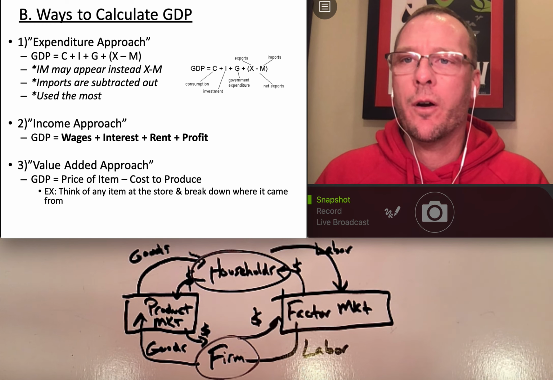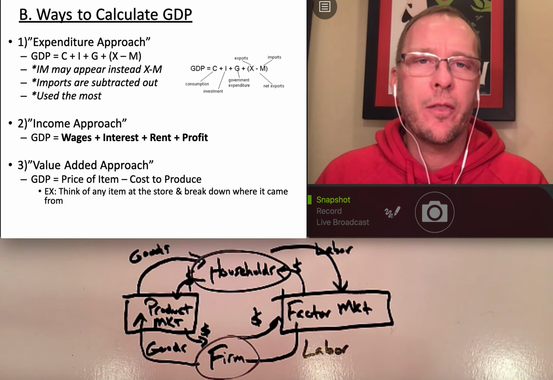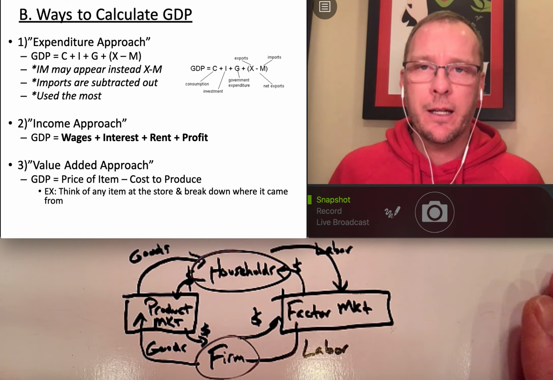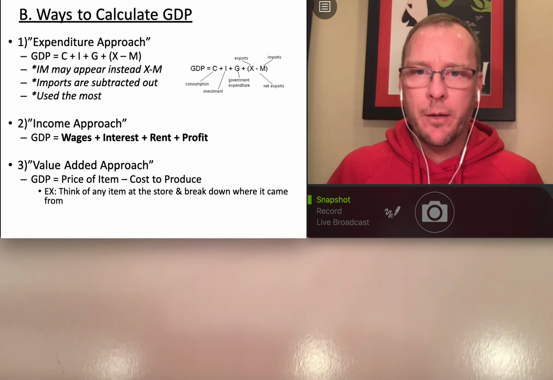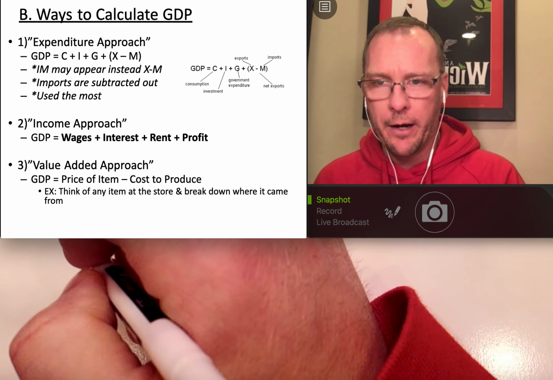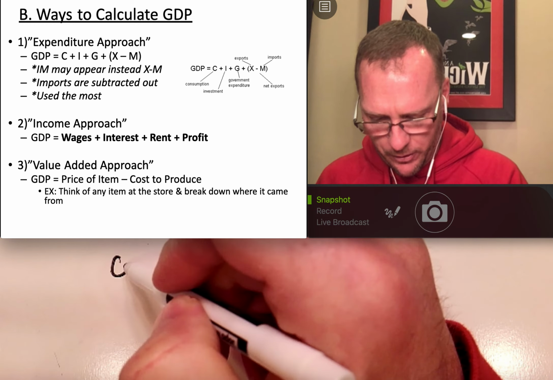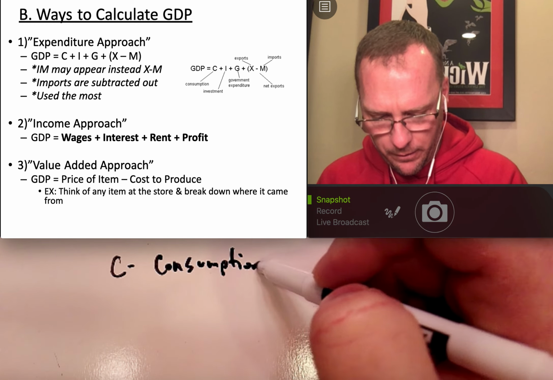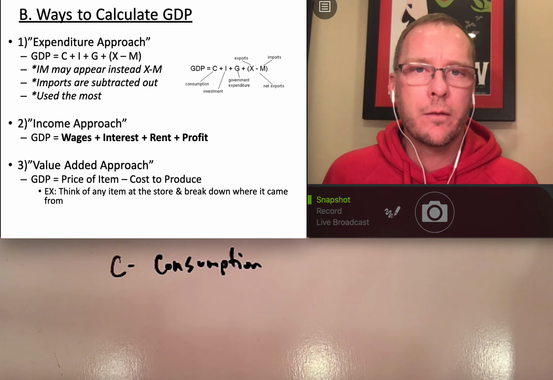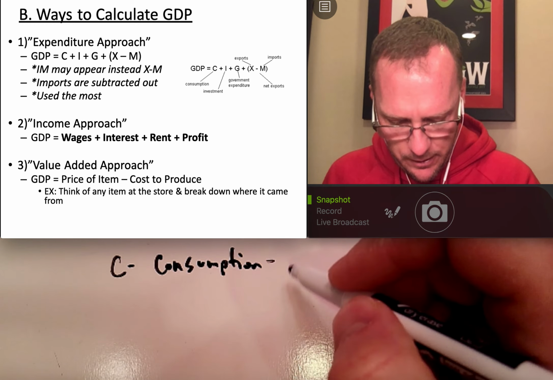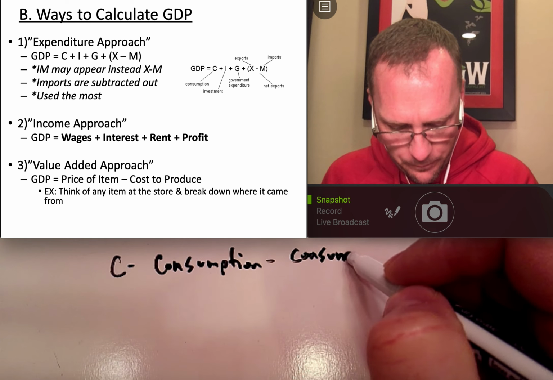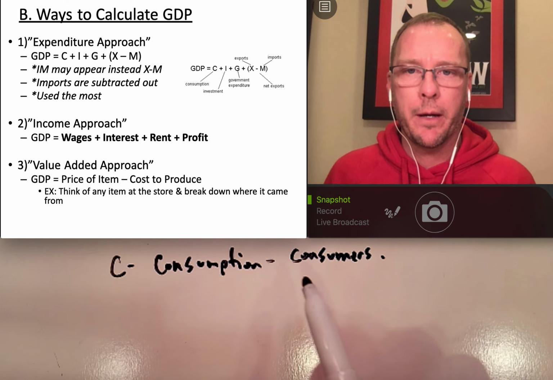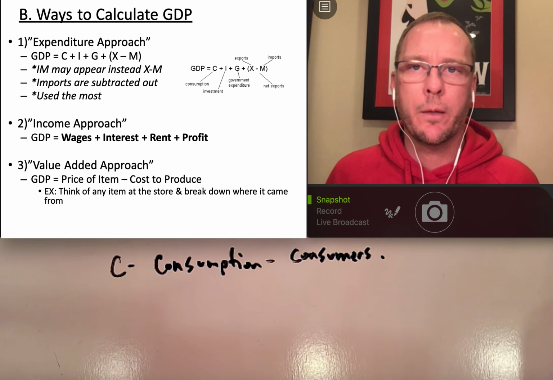As you look at your CIG, that C is consumption, okay? Consumption is what you and I are doing every single day. So the C is consumption. That's you and me. We are consuming goods and services. So this is consumers here. This is the biggest part of our overall GDP.